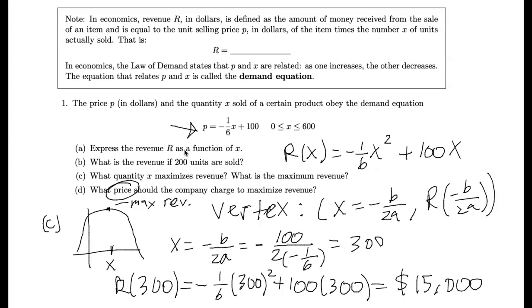If we're looking for the price that creates the maximum revenue, we need to know how many units we need to sell to attain that maximum revenue. The maximum revenue of 15,000 is attained by selling 300 units of the product. So for part D, we're going to plug in 300 for X to find the price.